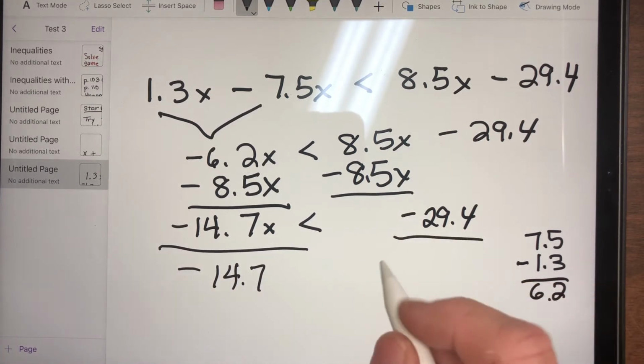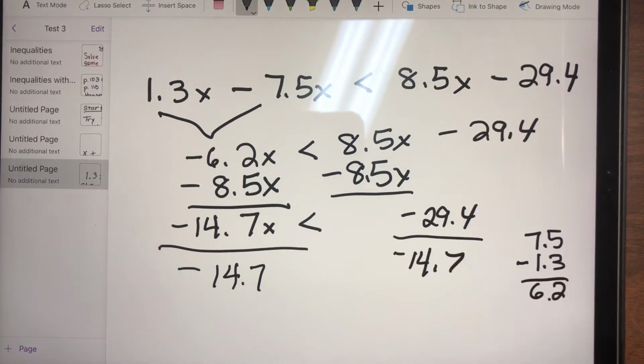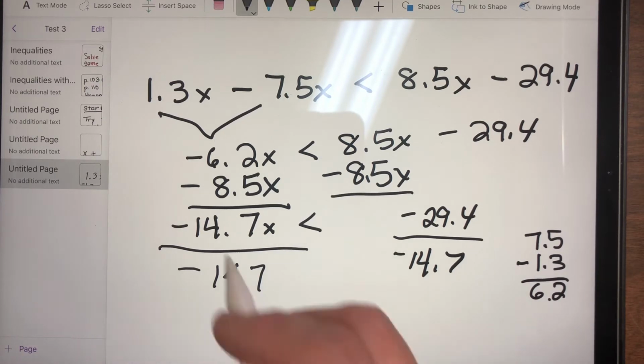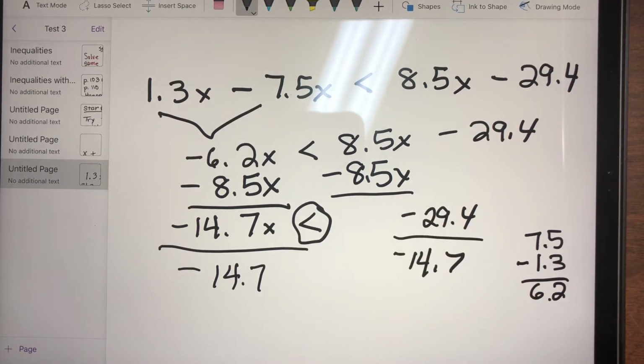And it's not dividing negative 14.7x, it's just dividing by negative 14.7. And then 47 times 2 is 94. So does it go into it equally? Yeah, it does. You're going to have to figure that out. Now, with this one, though, since we're dividing by a negative, I like to circle it to remind me that I'm going to flip that sign.